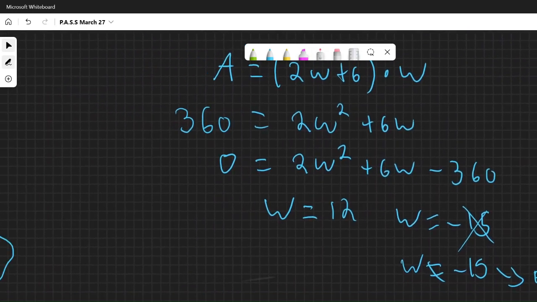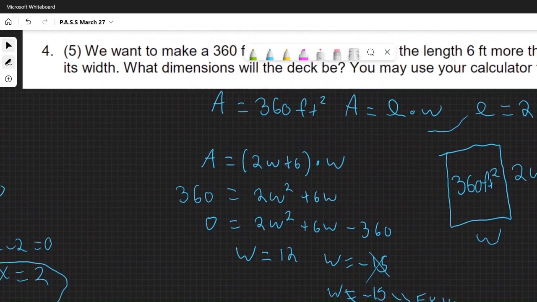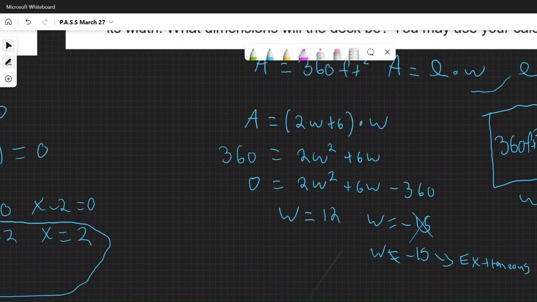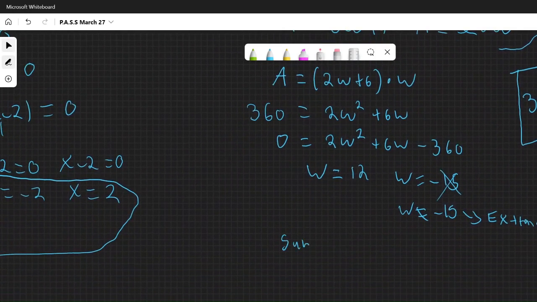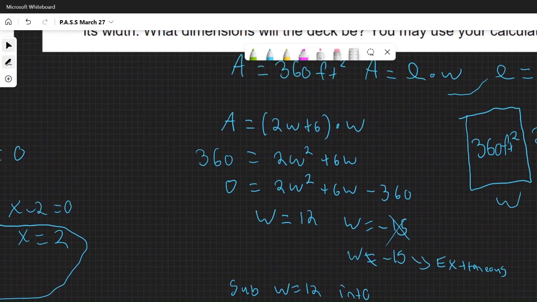So now that we know the width is 12 feet, we can sub this back in. So sub w equals 12 into length equals 2w plus 6.